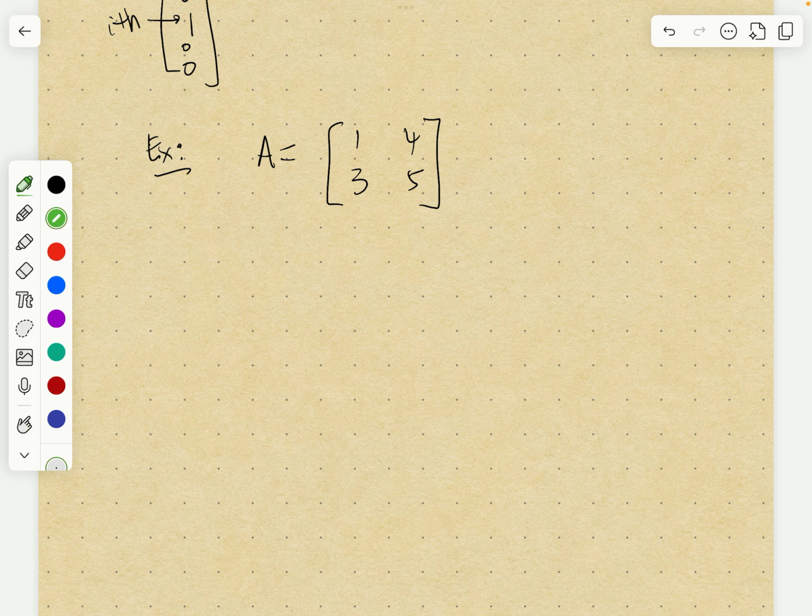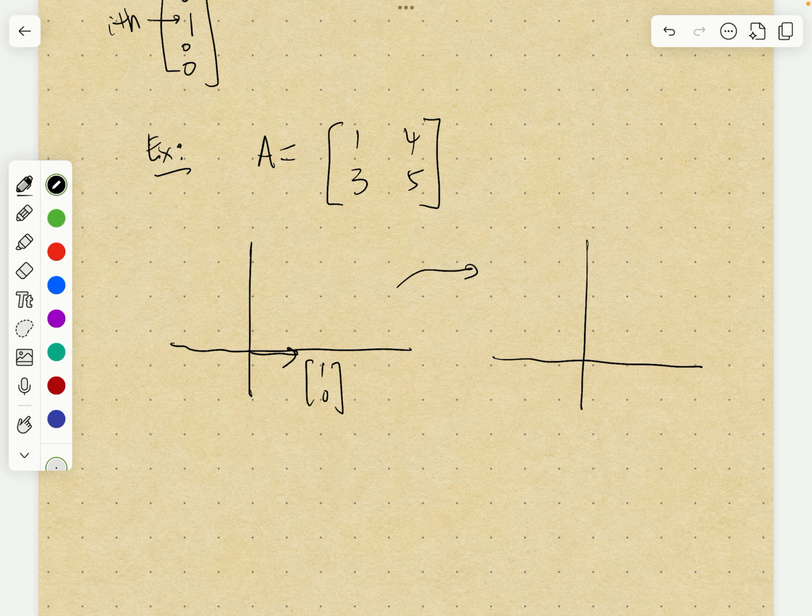It doesn't have an easy description like rotation or reflection. But the best way to describe it is it's going to take the vector (1, 0) to the vector (1, 3), and it's going to take the vector (0, 1) to the vector (4, 5).